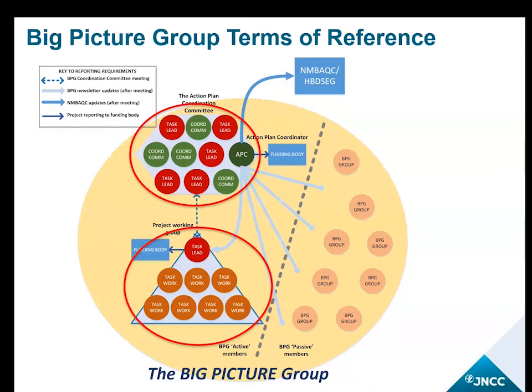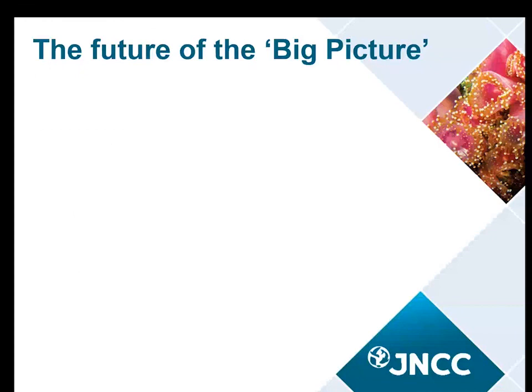There's the coordinator and the project working groups getting funding, and then the coordination role distributes information across the big picture group, so that everyone's kept abreast of the changes. So that's just a reference back to earlier on.